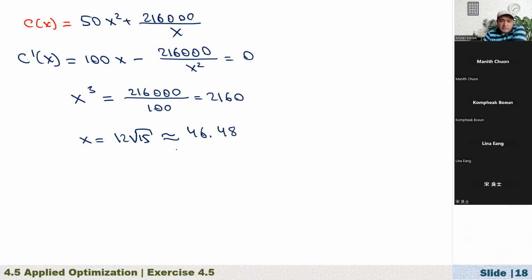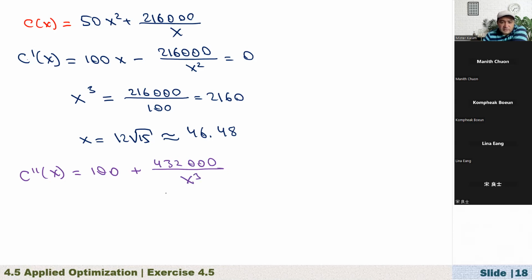Now, how do we know that it actually maximizes or minimizes? To do this, we have to make sure by using the second derivative test. C double prime of x is equal to 100 plus, the 2 comes to the front, 432,000 over x cubed.